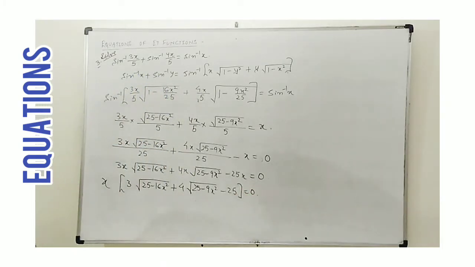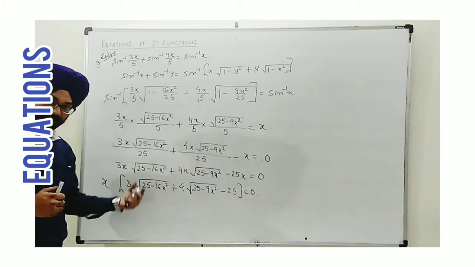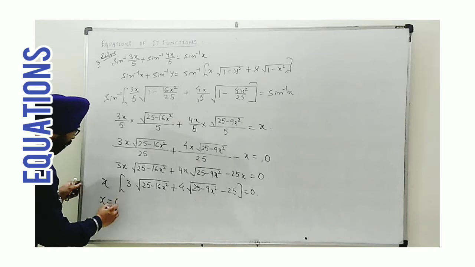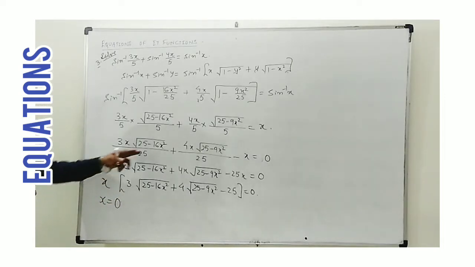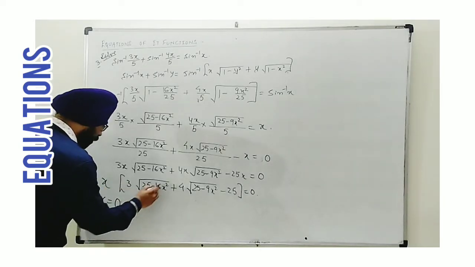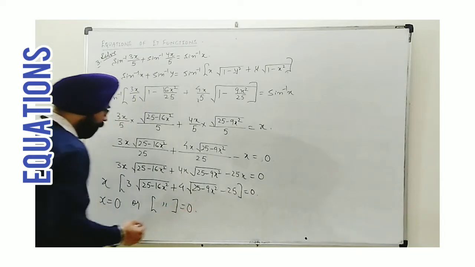Now, we know that whenever the product of two values is 0, at least one of them is 0. So that's why one root we are obtaining from here only. If I take x equal to 0, this is one of the solutions we can expect. Or this bracket is equal to 0.